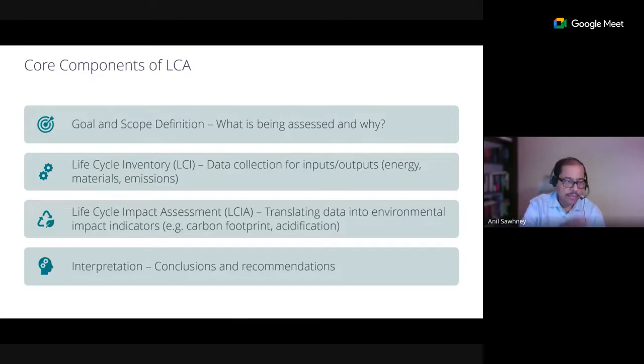You take the data and convert it into environmental impact indicators. LCA is broad. It looks at various environmental impacts such as carbon emissions, acidification, and other aspects of environmental impact. And the fourth step is obviously to interpret the results of the analysis and allow its use by decision makers.